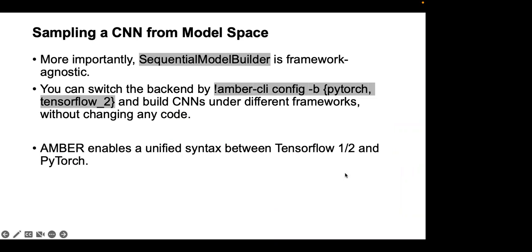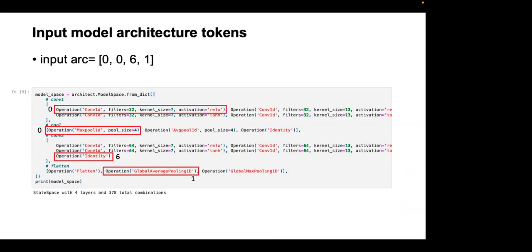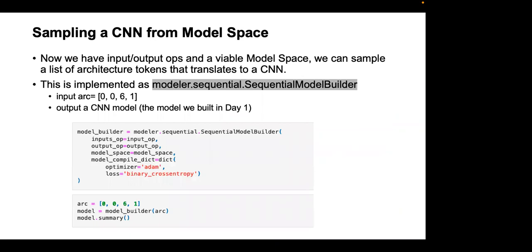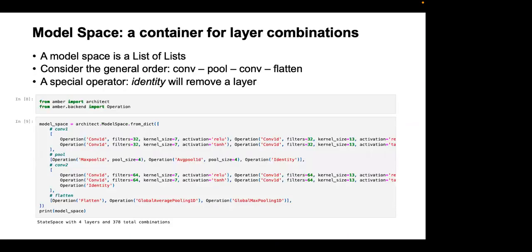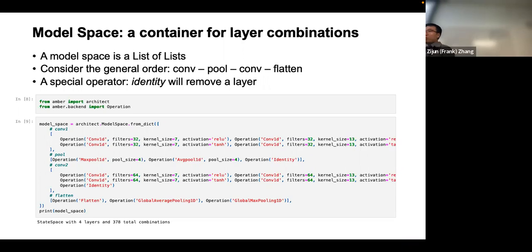I have a question regarding the 378 combinations for the model. In reality, how do you run each combination to get the best performance out of the model you build, or is there a sort of best practice? How do you do this in practice? That's the whole purpose of the architecture search. By the way, you're getting ahead of the slides.